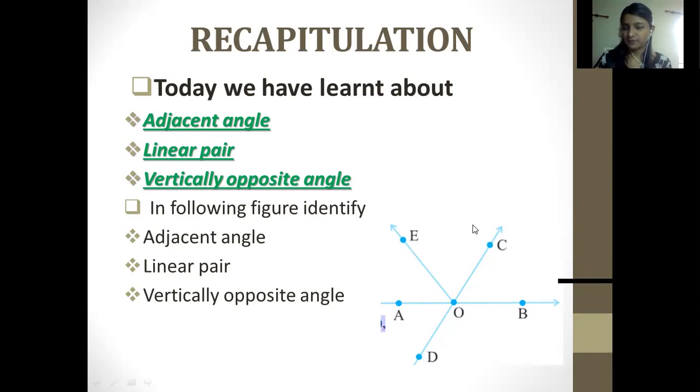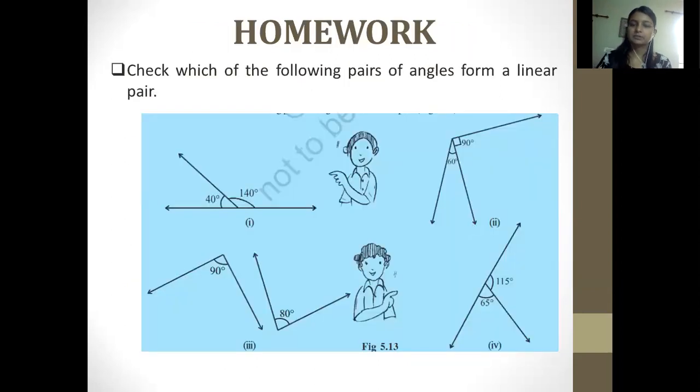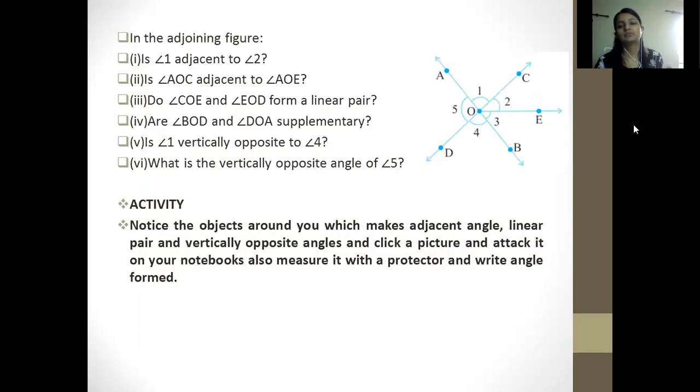So students, this is the homework for you. You have to check which are making the linear pairs by adding the sum also, or by looking at the figure. Then there are questions from the textbook which you can easily solve.